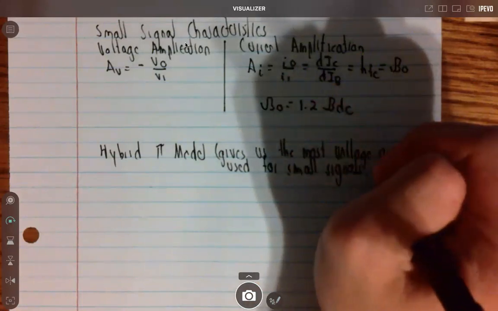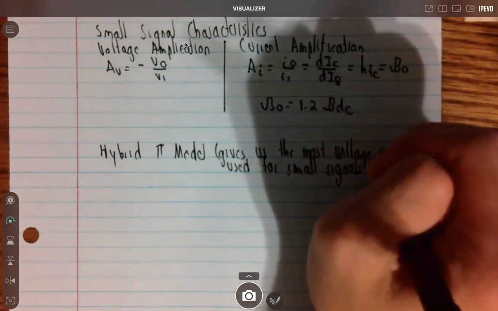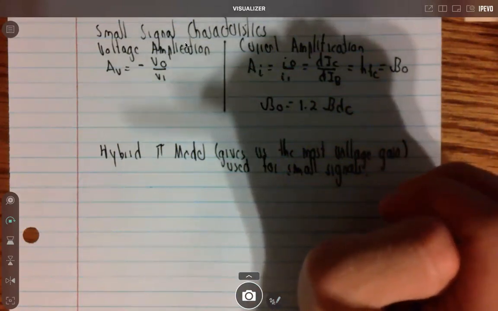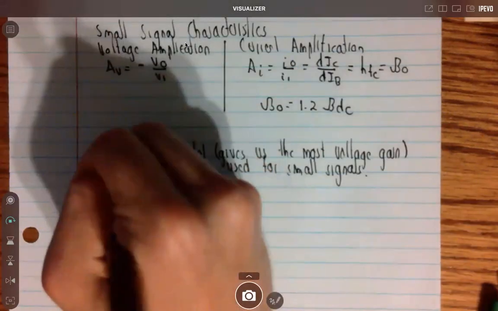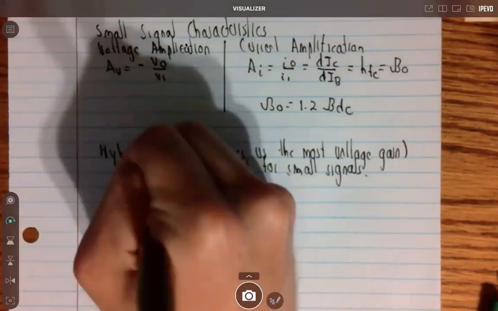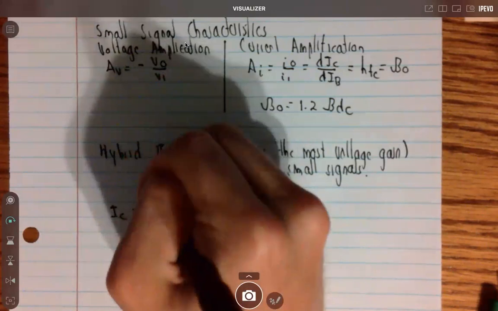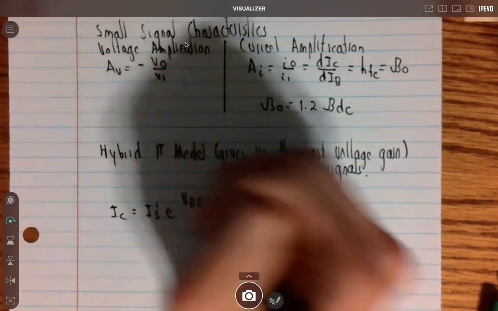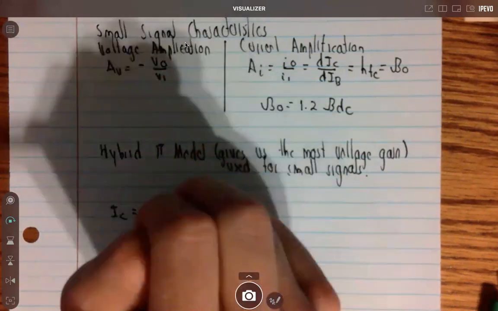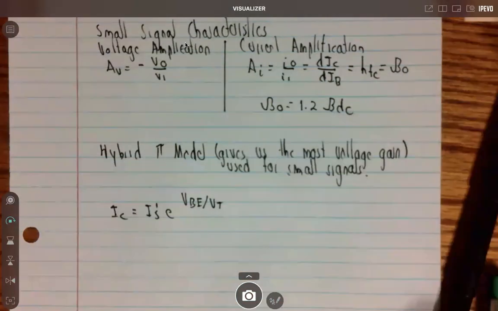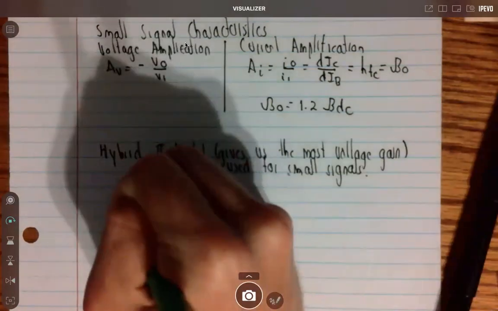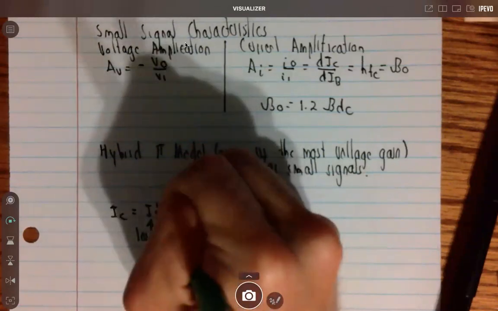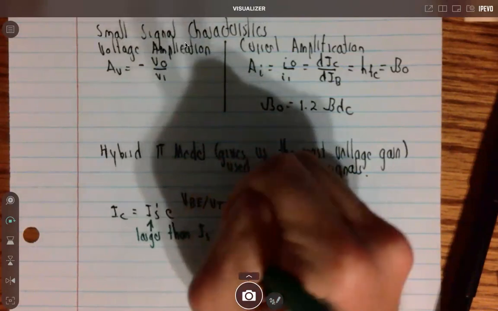And so if we write the relationships here, IC, which we need as a diode specifically, is equal to the saturation current IS times e to the VBE, the voltage of the diode, over VT. And what we have here, this saturation current is larger than the IS in IB.